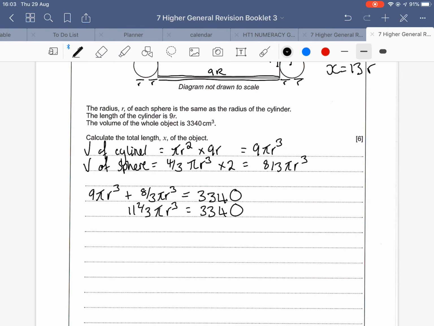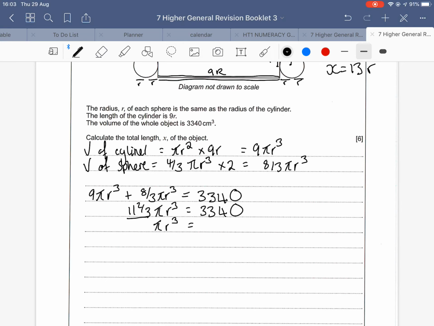So what I'm going to do is take our 3340 and divide it by our 11 and 2/3. That leaves me with pi r cubed. Okay, my calculator is playing up.